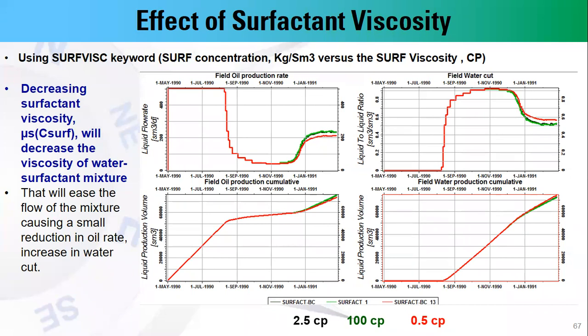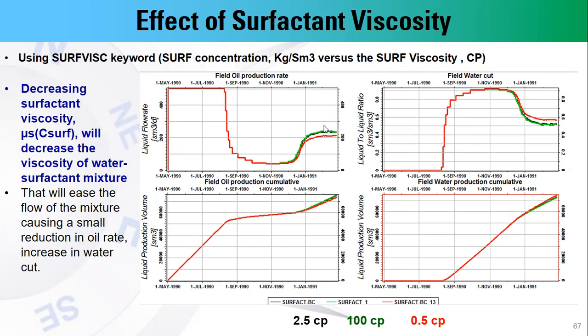The simulation results show that decreasing surfactant viscosity means a decrease in the viscosity of the surfactant water mixture, and then it will accelerate the flow of the mixture, and this will create a small reduction in the oil rate and an increase in the water cut.